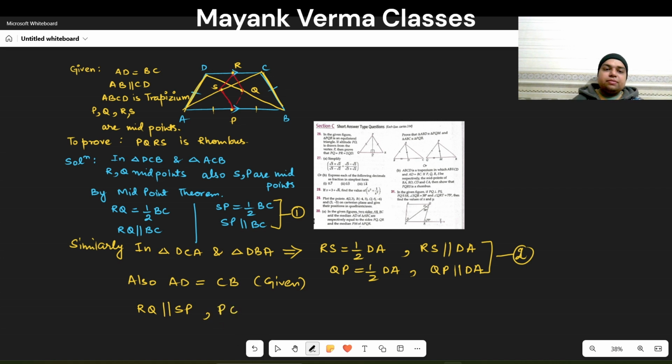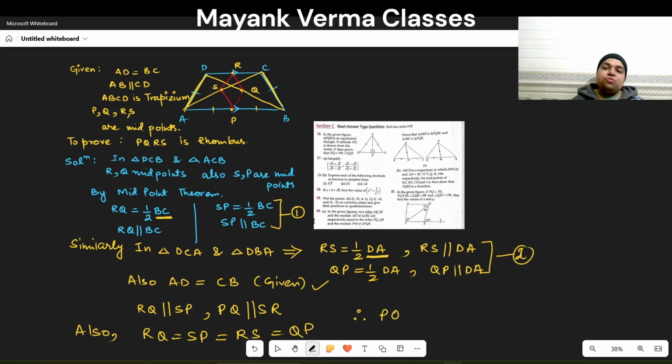PQ is parallel to SR. Also, all the things are equal. See, this is AD and this is BC, and BC and AD are already equal. So I can say that RQ is equal to SP is equal to RS is equal to QP.